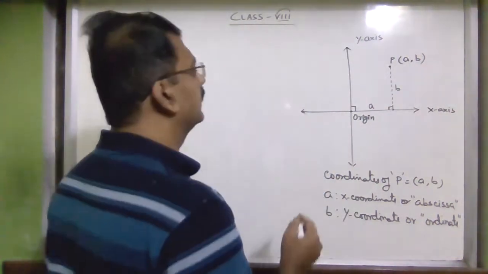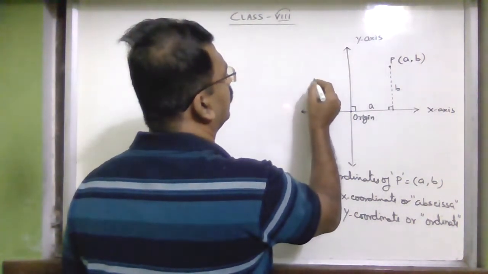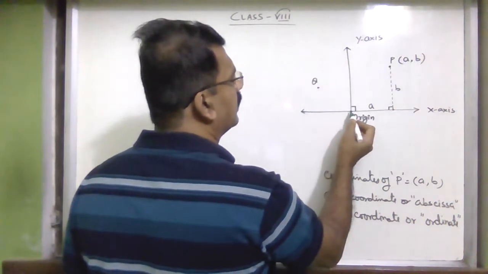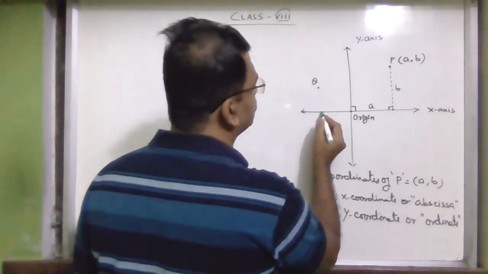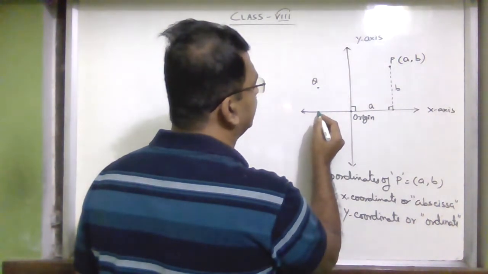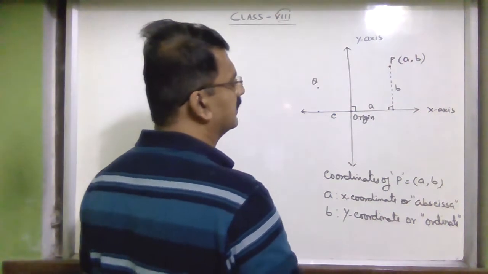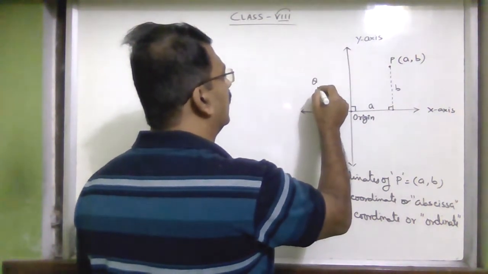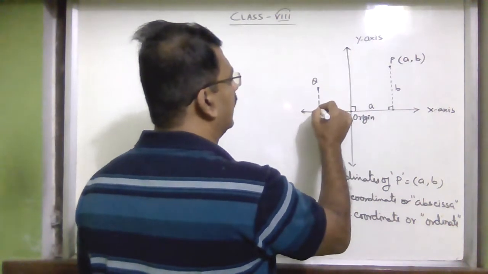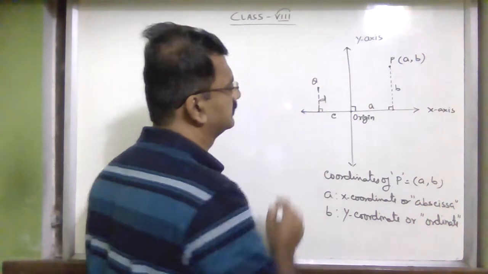Now you see, suppose there is a point Q here. From the origin, if you want to reach Q, you have to first move a distance c in the negative x direction, and then along the y-axis you have to move a distance, say d.